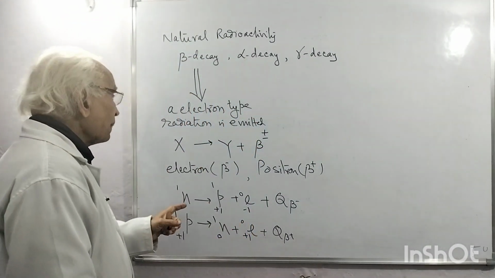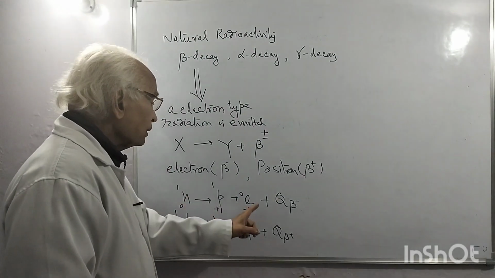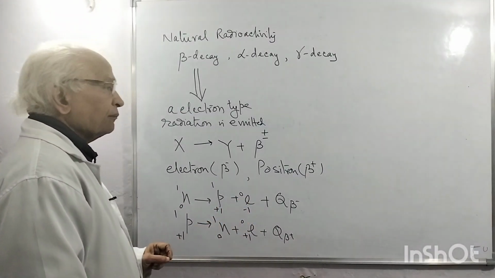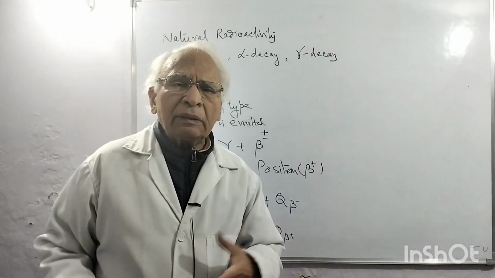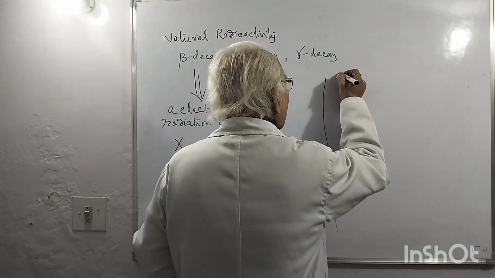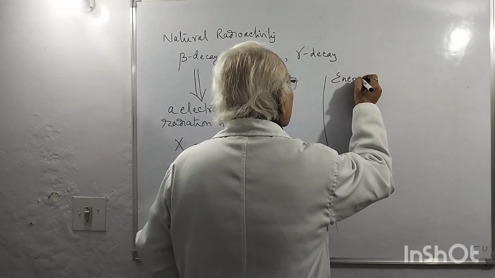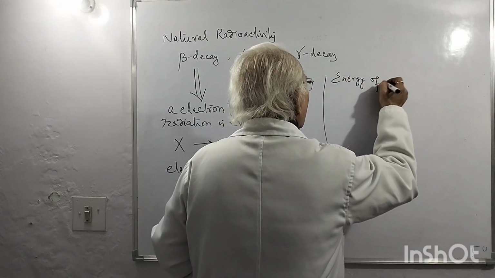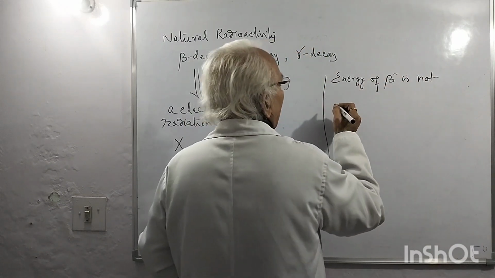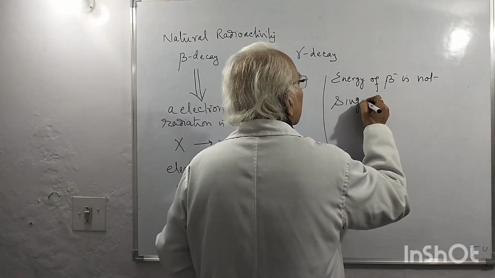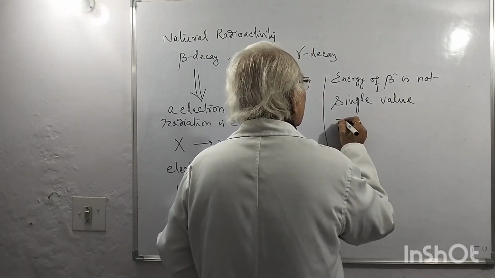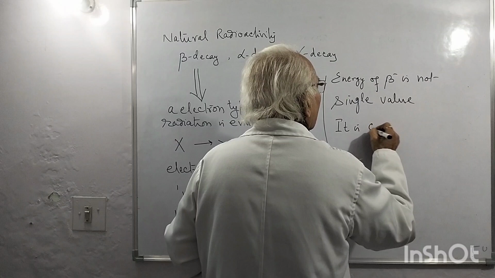But then I say here, well, beta decay, you see here neutron, proton and electron. I want to give slightly more detail: it is observed that the energy of beta is not a single value. It is continuous.